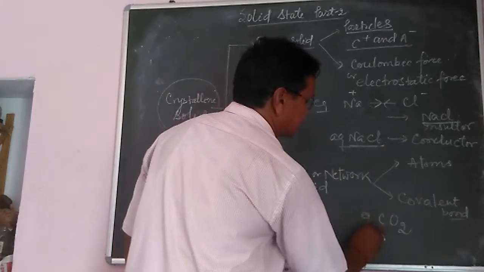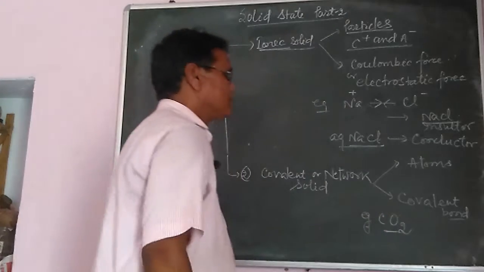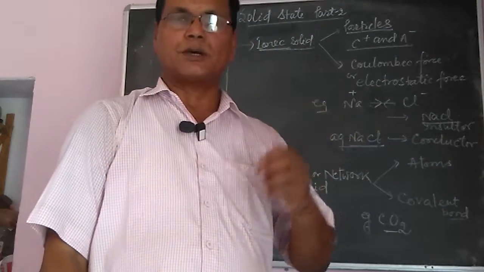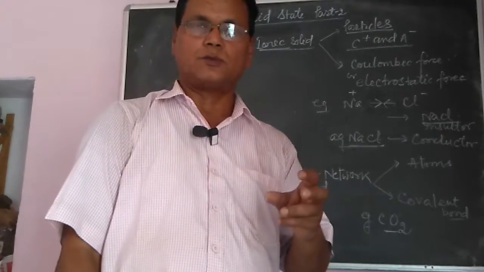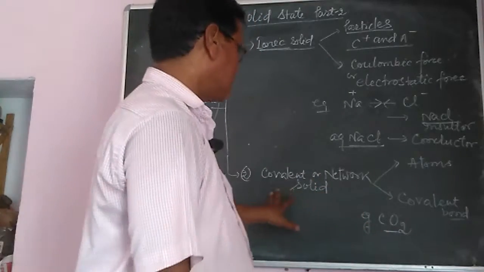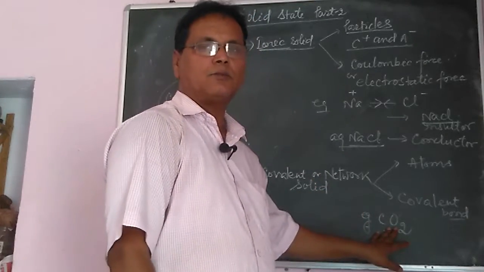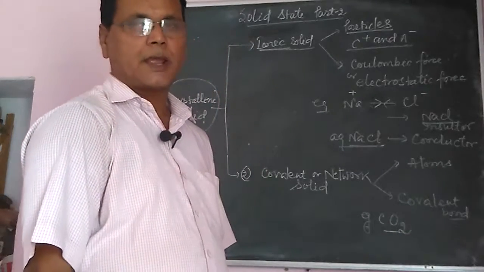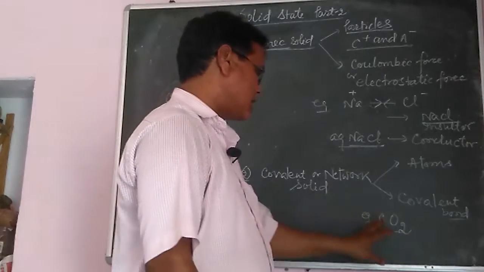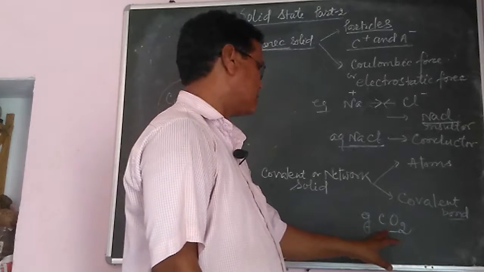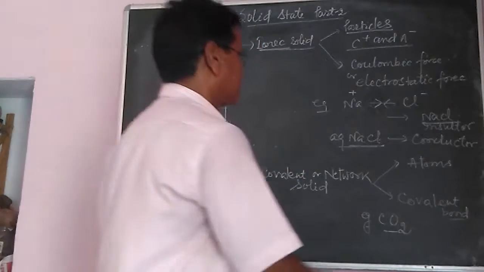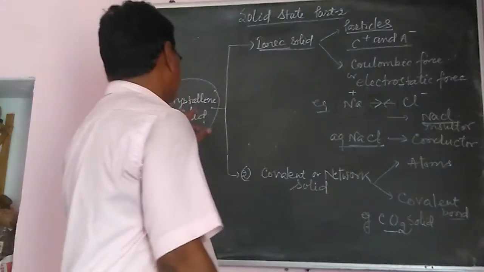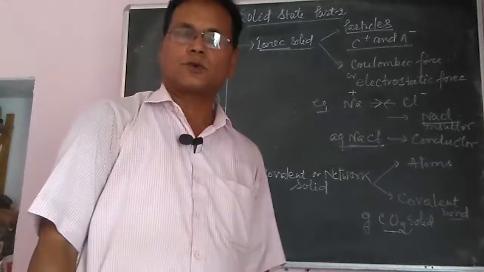Carbon dioxide molecules are formed by the covalent bonds between carbon and oxygen. And this carbon dioxide is a solid. This is actually solid carbon dioxide. This is a crystalline solid.